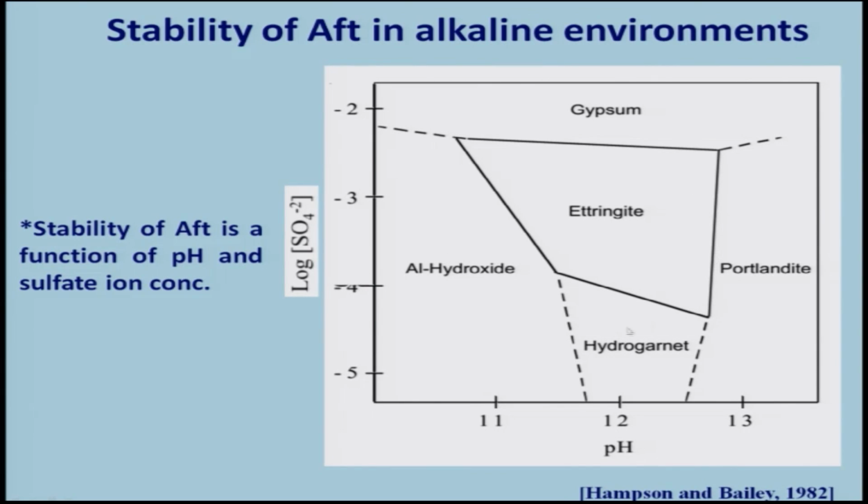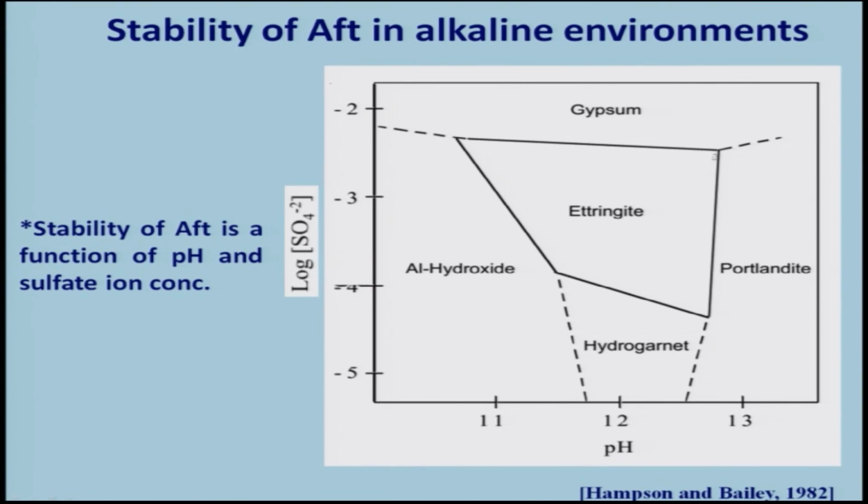So, here in this figure you have different compounds. You have aluminate hydrates, you have gypsum, you have ettringite, you have hydrogarnet and you also have portlandite. Typically, if you see the area where ettringite is stable, it is somewhere from here to here.